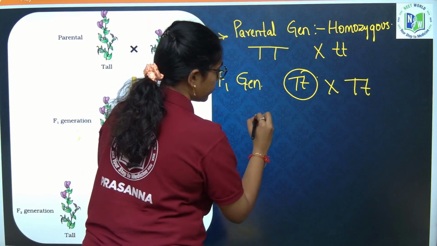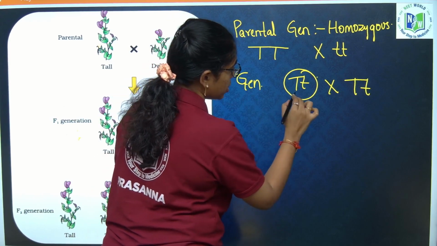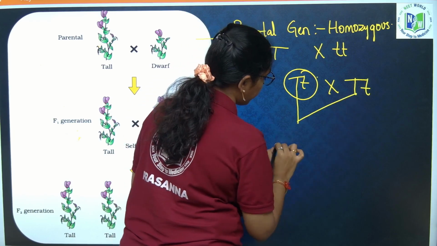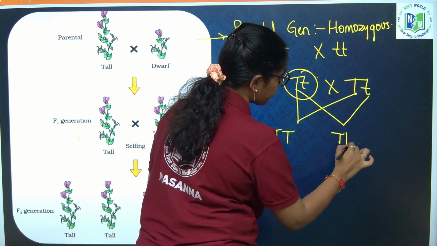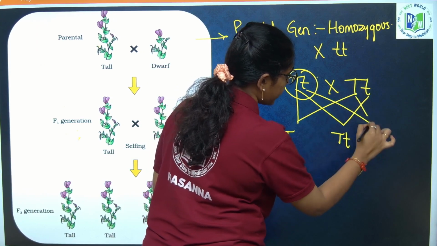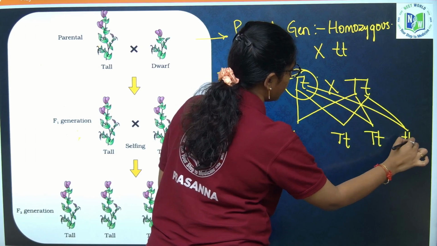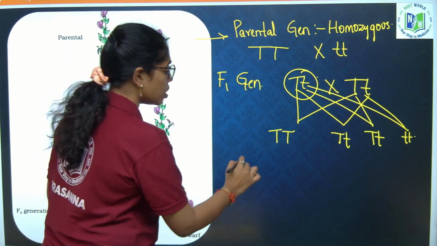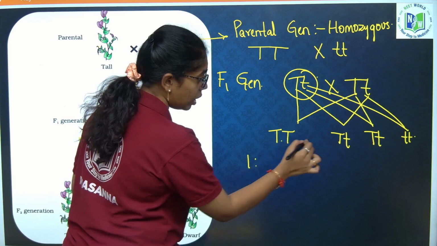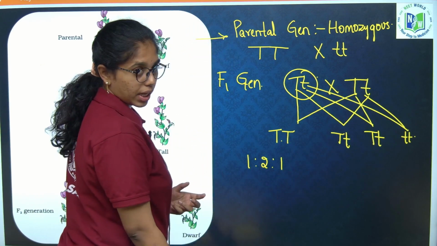Okay. And when we conduct self pollination of the F1 generation, capital T, small t, capital T, small t. So, what are the combinations that we are getting in the F2 generation? One is homozygous tall, two are heterozygous tall, and one is homozygous recessive.